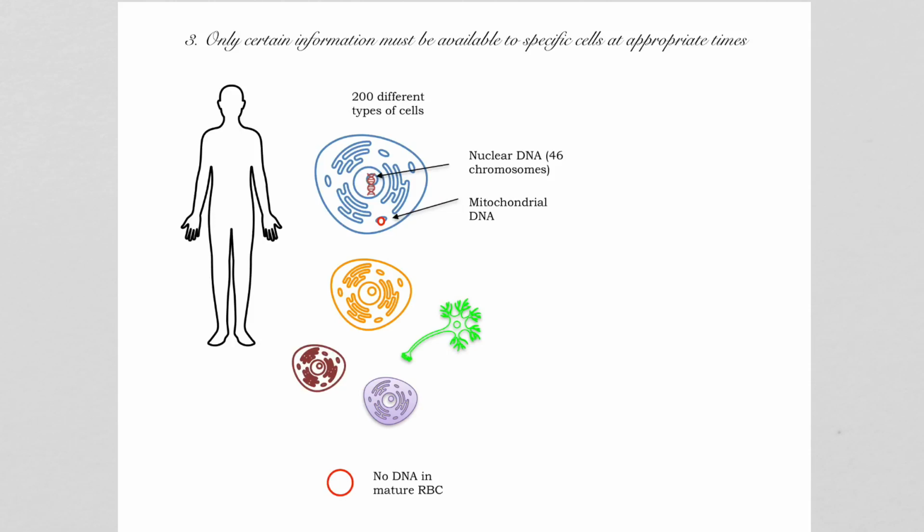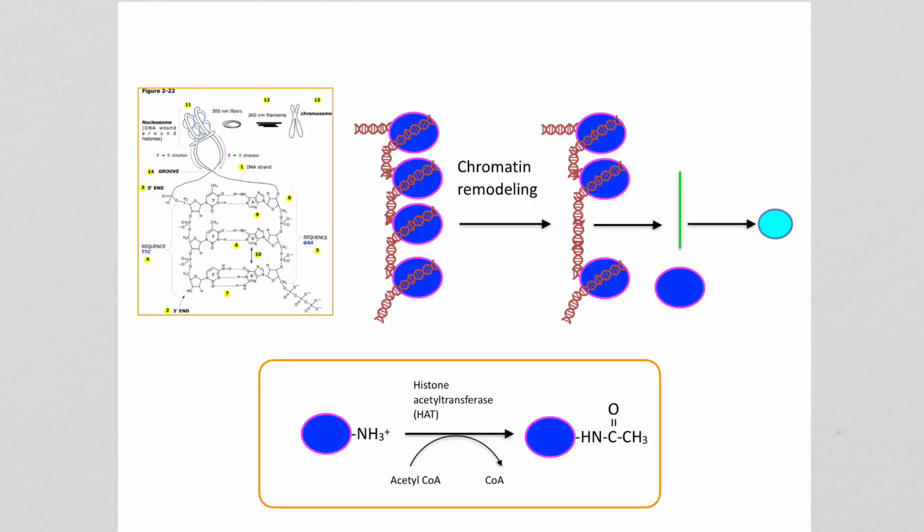So how is this possible? How is it that the same 46 chromosomes in various cell types, the same information, why is it that some information is available only to certain cell types? Let's see how this happens.